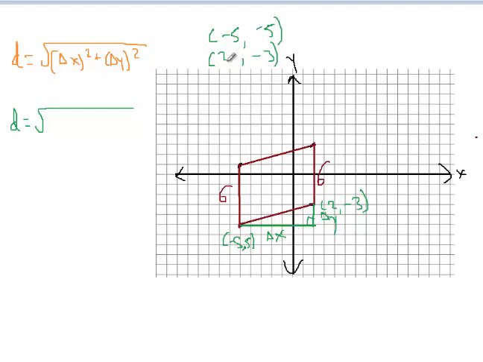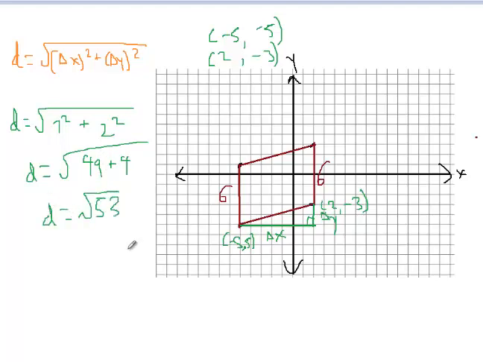The change in x is this x minus that x, 2 minus -5, which is 7, because minus -5 is plus, so it's 7 squared, plus -3 minus 5, in other words, -3 plus 5, which is 2, plus 2 squared. So our distance equals the square root of 49 plus 4, which is the same thing as the square root of 53.